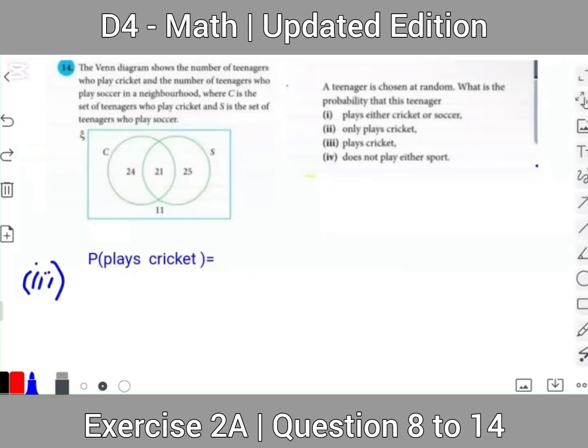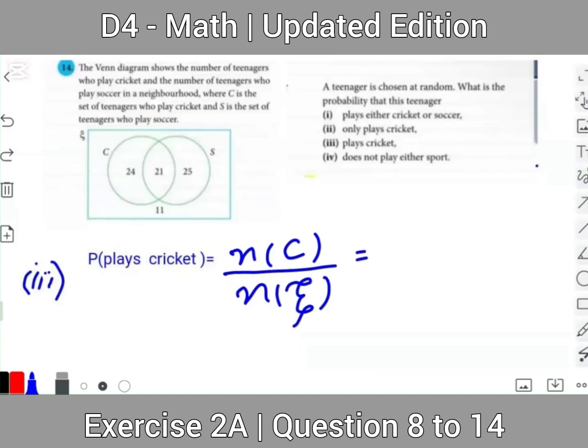Now in part 3, we have to find the probability that the teenager plays cricket. So for this, we have the number of teenagers who play cricket divided by the number of teenagers. The number of teenagers who play cricket, we can see from the Venn diagram, is 24 plus 21.